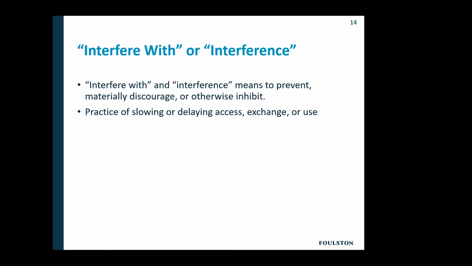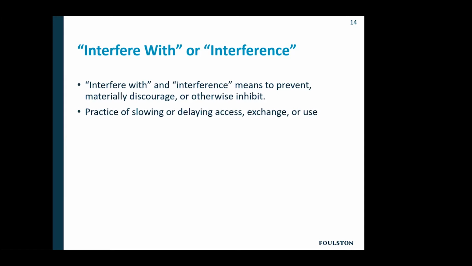Element number 3 is that the practice or policy, if you will, is likely to interfere with, prevent, or materially discourage access, exchange, or use of electronic health information. The rule defines interference, which is an action that means to prevent, materially discourage, or otherwise inhibit. It is a practice essentially also of showing delay of access, exchange, or use.